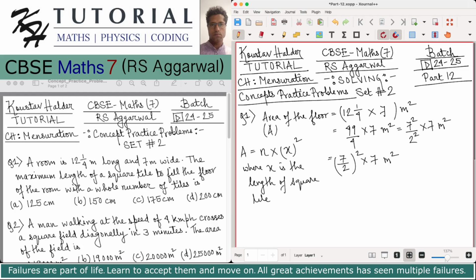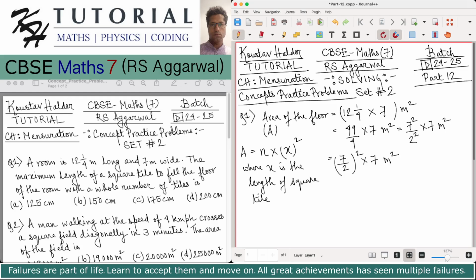So if x is the length of the square tile and n is the number of such square tiles, then n number of square tiles where the length of each square tile is x, the area will be n multiplied by x square.